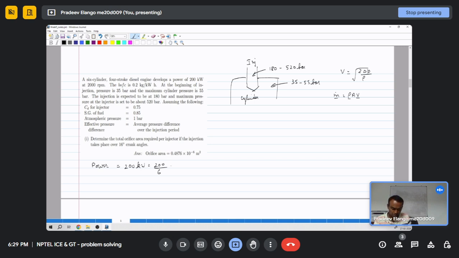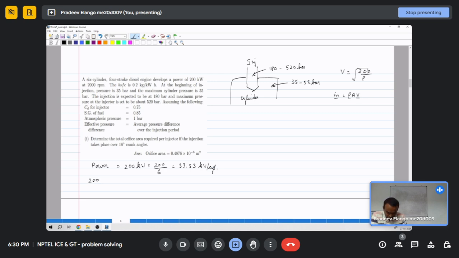Since it's a 6-cylinder engine, we divide by 6, and that is 33.33 kilowatt per cylinder, and this is at a speed of 2000 rpm.